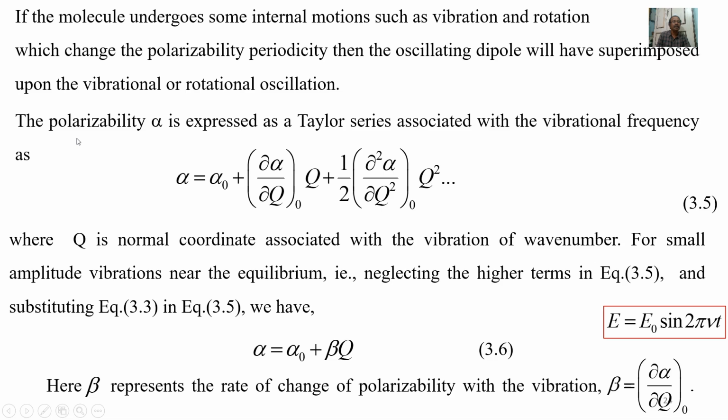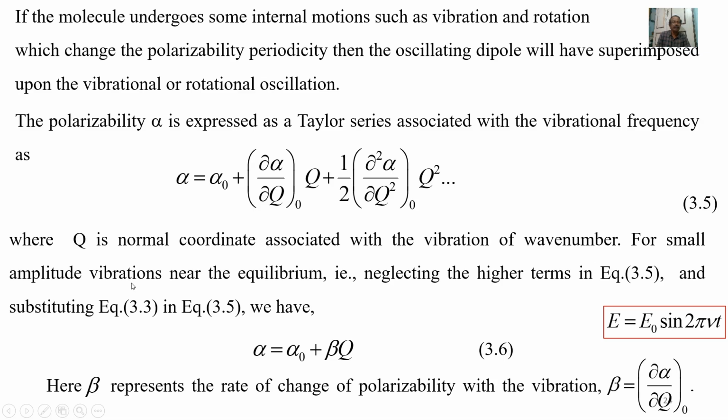The polarizability alpha is expressed as a Taylor series associated with the vibration frequency as alpha equals alpha naught plus partial d alpha by dq times q plus 1 by 2 times d squared alpha by dq squared times q squared, and it goes on. This is the change in polarizability, where q is the normal coordinate associated with the vibration of a wave number.